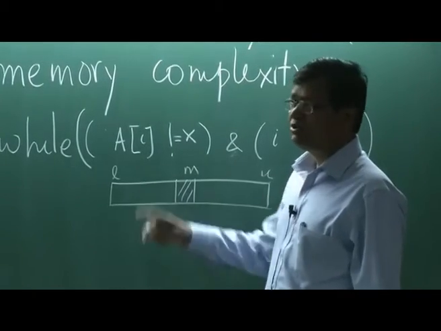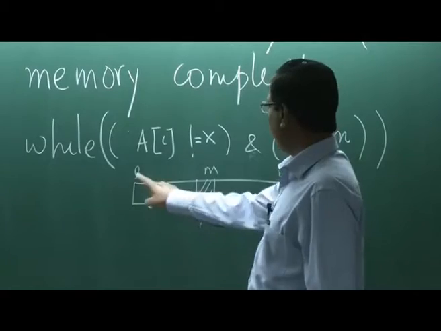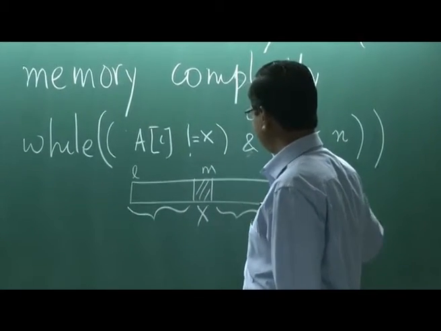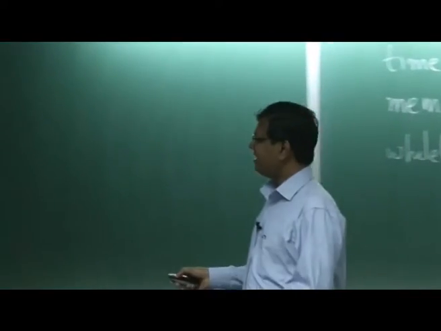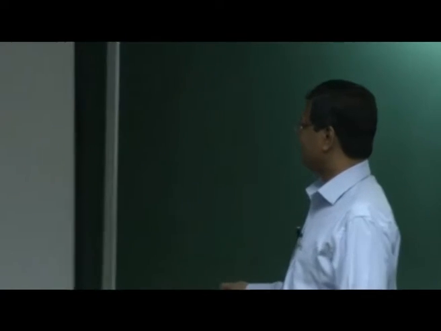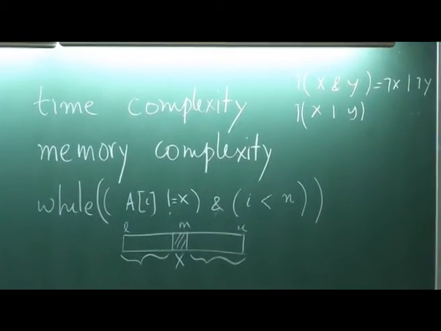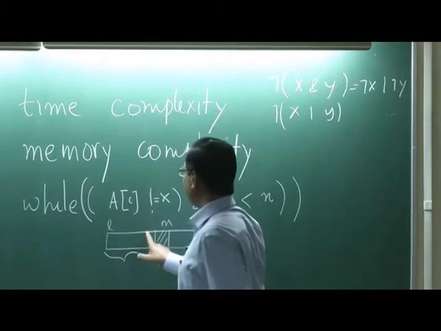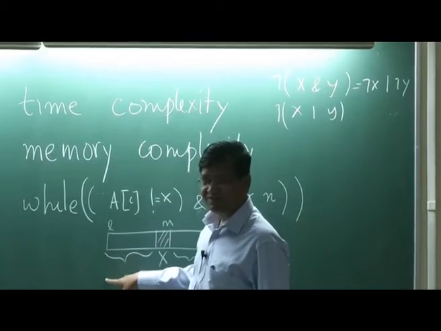So far, by doing 3 conditions, I exhausted the cases where x is not here and lower is not equal to upper. That means it is either here or here. Now, you put this condition: if x is less than A[mid], that means it is in the lower half. Then I should do the binary search in the range lower to mid - 1.